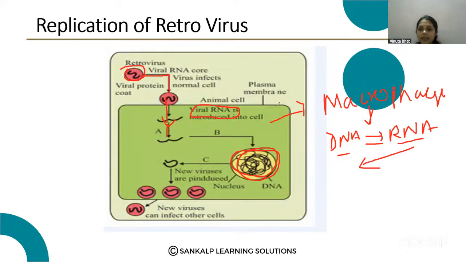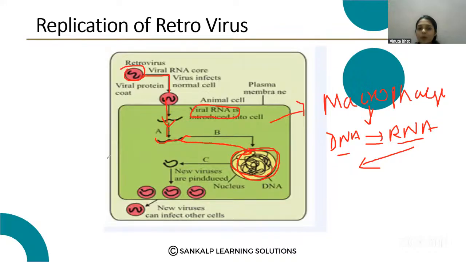DNA is formed in this cell by the reverse transcription method. This is the speciality of the retrovirus, which is able to form DNA from RNA. Here you can observe the formation of the viral DNA molecule.